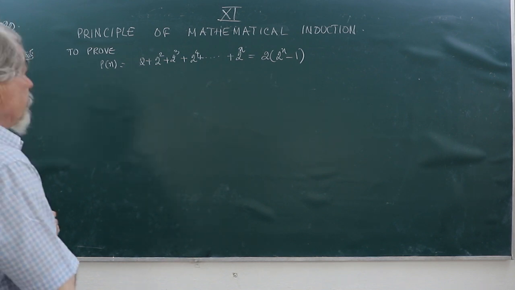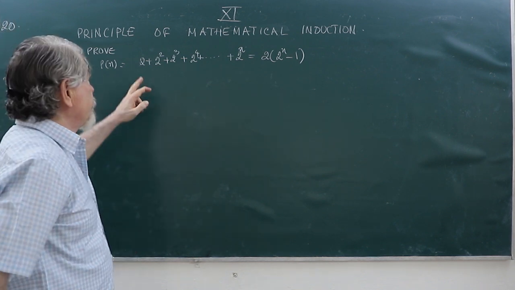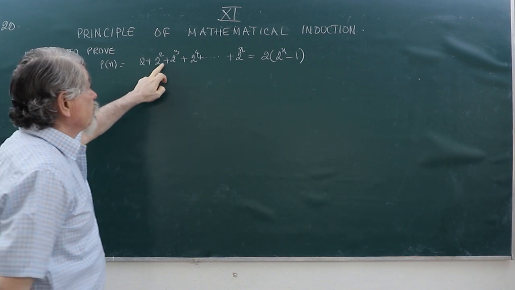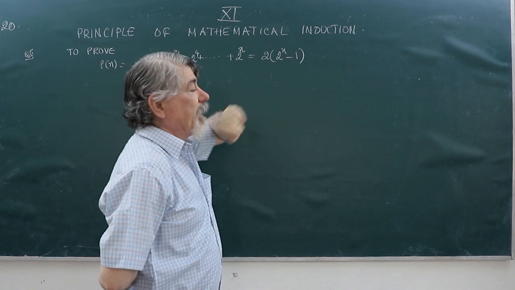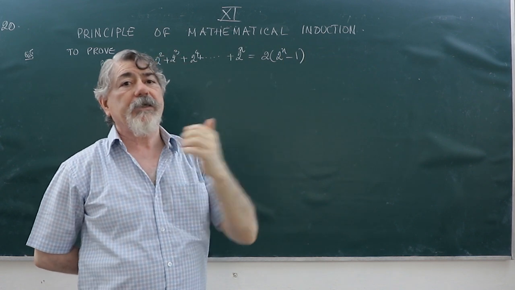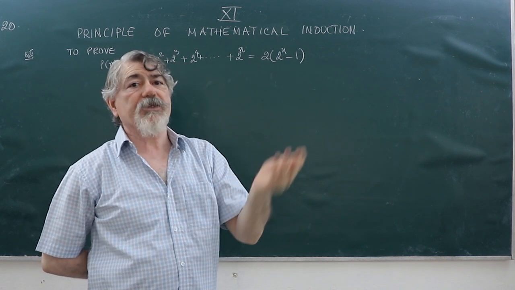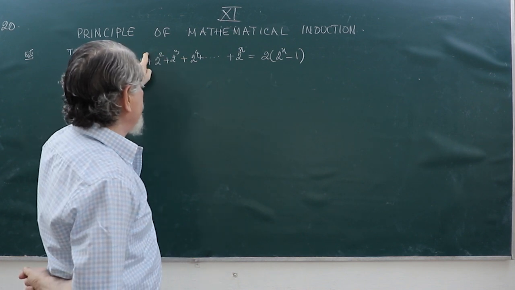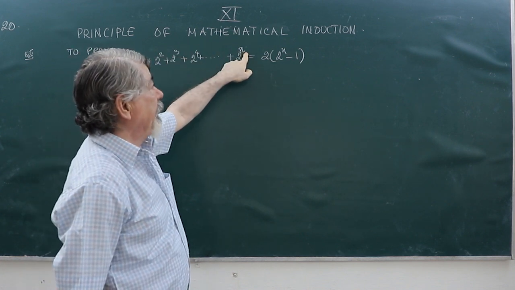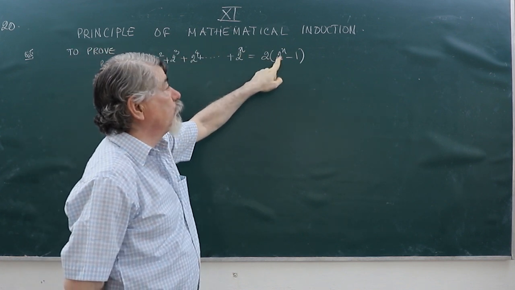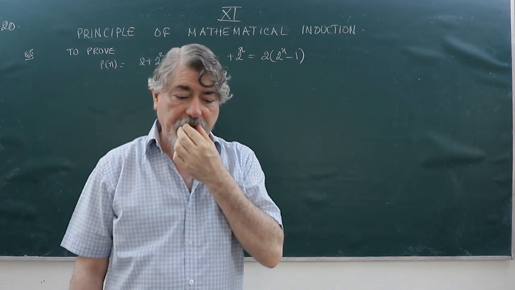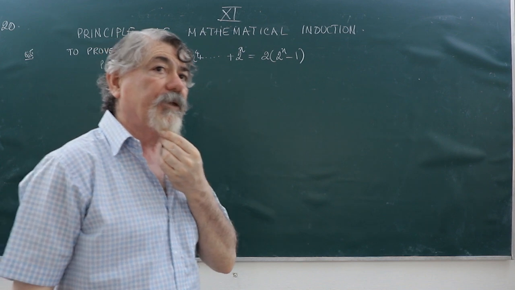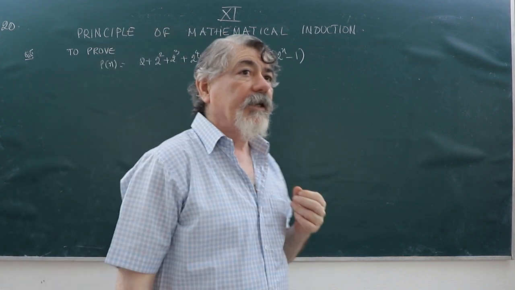Now let us see question number 5, where the statement is 2 plus 2 squared plus 2 to the power 3 plus 2 to the power 4 and so on up to 2 to the power n. That means we have powers of 2, starting with 1, 2, 3, 4, 5, and it says it is 2 to the power n minus 1. We have to prove it using the principle of mathematical induction.